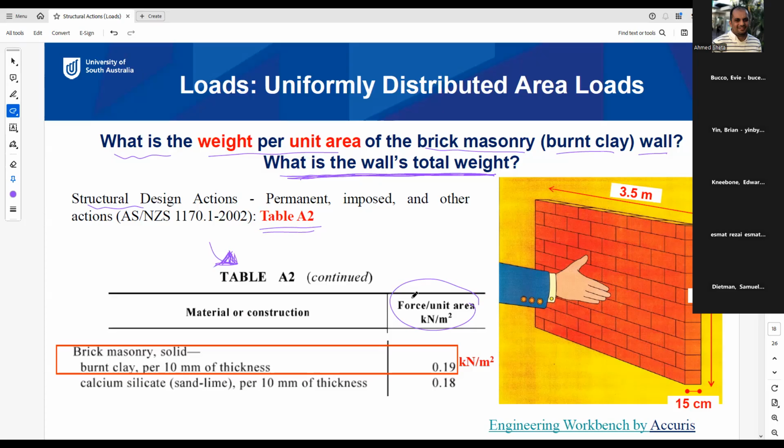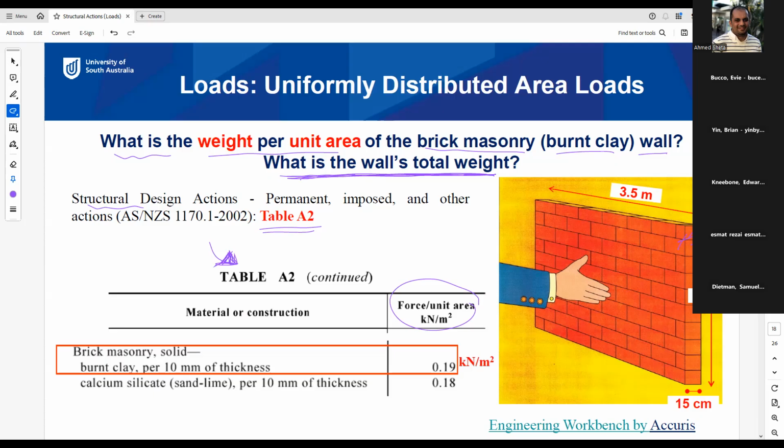Because they already calculated the weight, to make it easier for us, instead of weight per volume, they give it for a specific thickness of the wall. For example, they calculate for a 10 millimeter thickness.